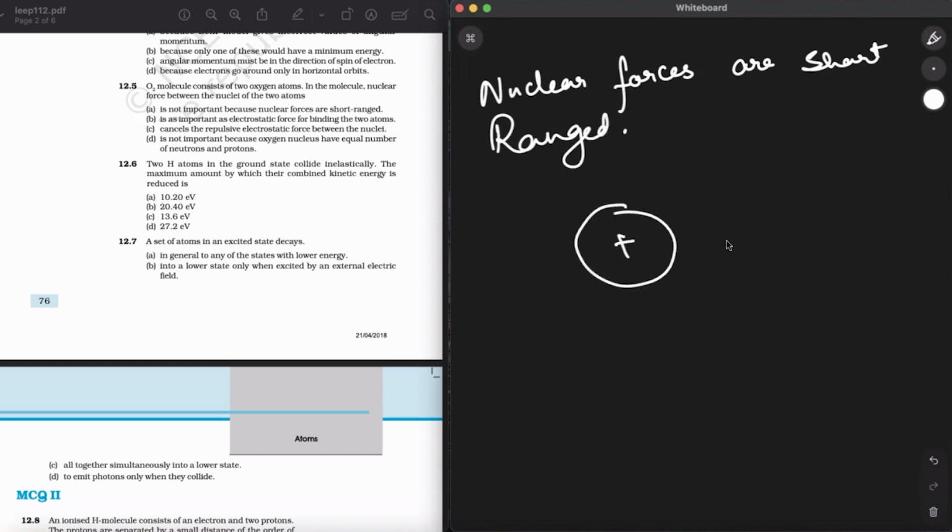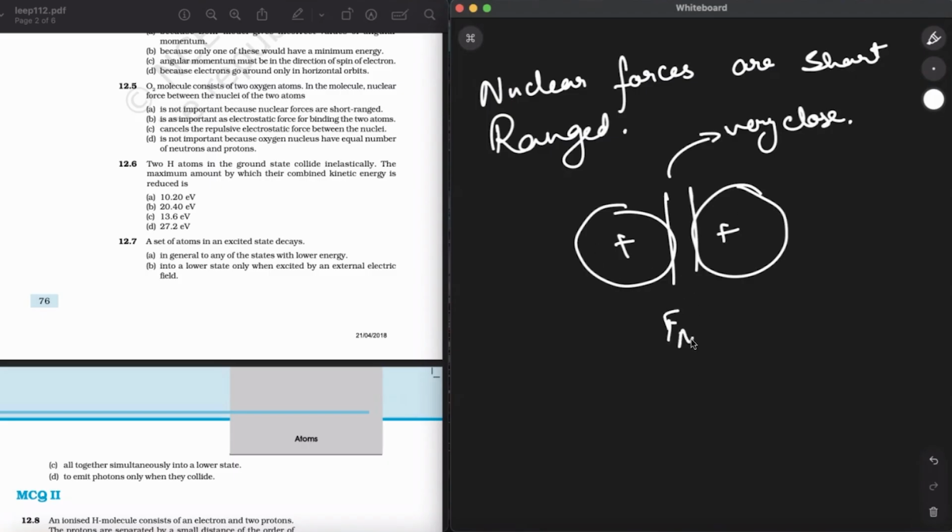Now, if you see there's a nucleus over here, there's a nucleus over here, they are very close. So F nuclear will be greater than F repulsive. This will bind it together.